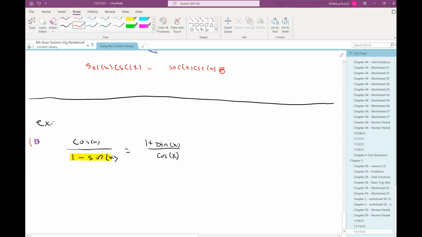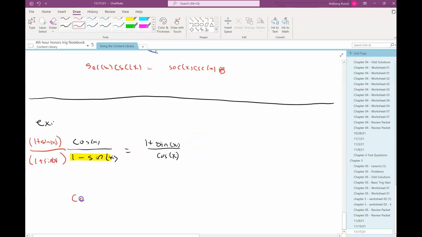Well, I'm just going to multiply the top and bottom by that other half of my difference of two squares. I know it's got to end up in that numerator somehow. I'm just going to force it up there right now and see if anything good happens as a result. Is that okay with you guys?